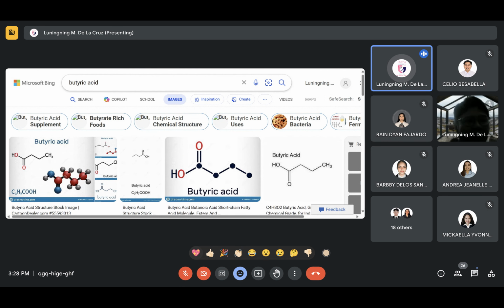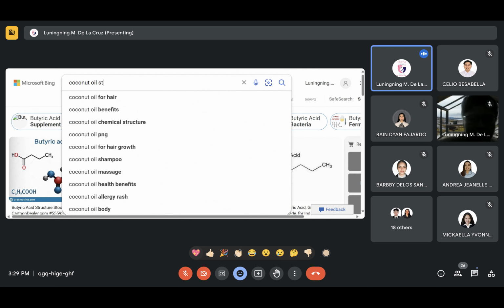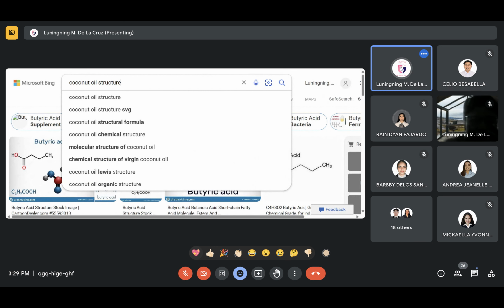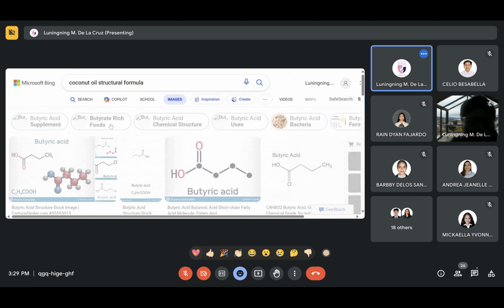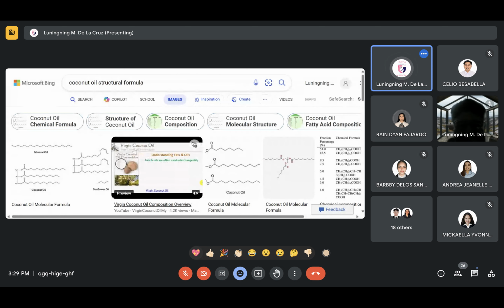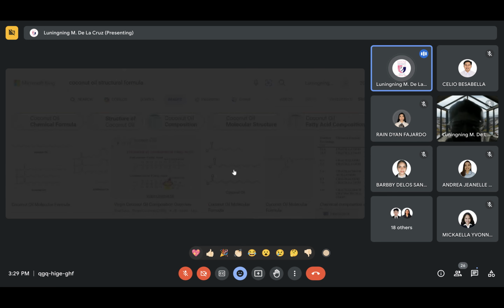fatty acid. Now, for the coconut oil structure, how many carbons do we have? Okay. So, this one is our coconut oil.